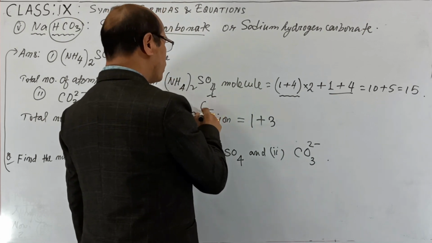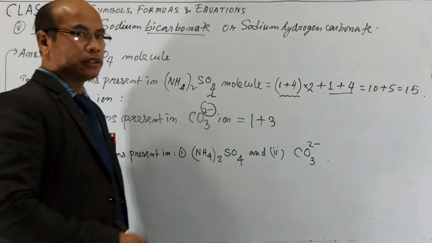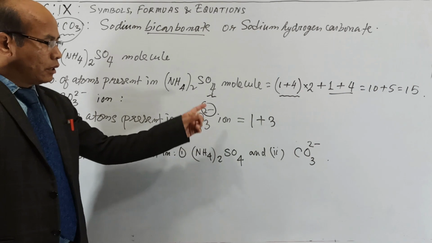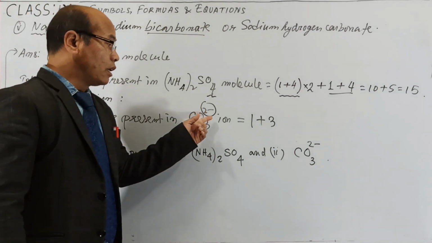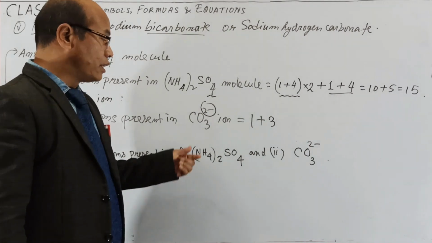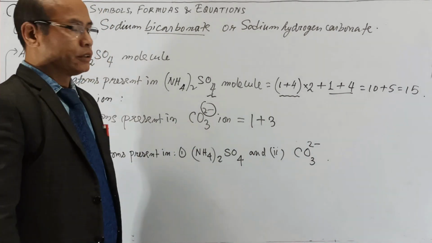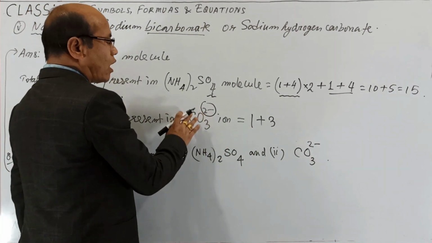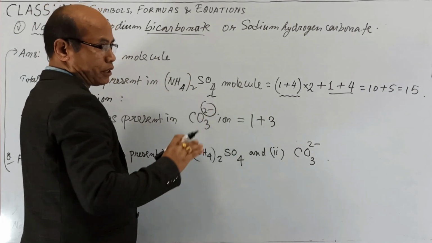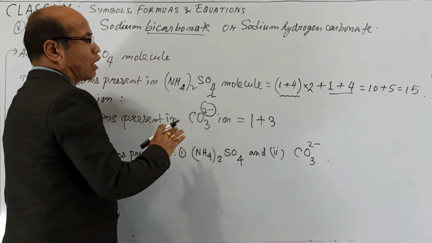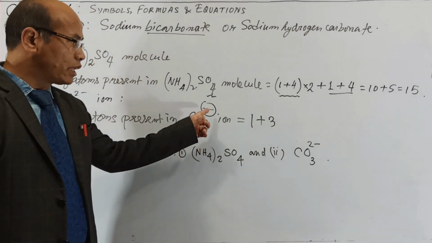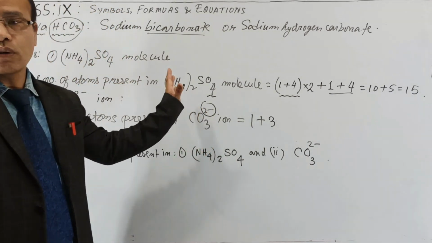And what about this 2 and negative sign? This simply indicates the charge that is carried by the CO3 ion. That means 1 carbonate ion carries 2 negative charge. While calculating the number of atoms of carbonate ion, this 2 negative charge has no role to play.